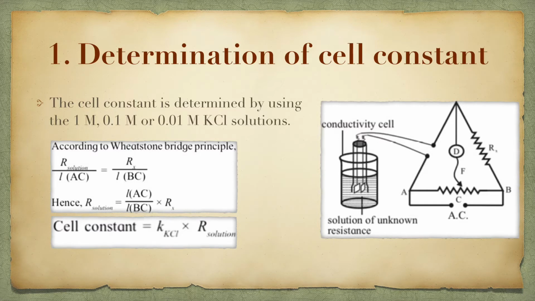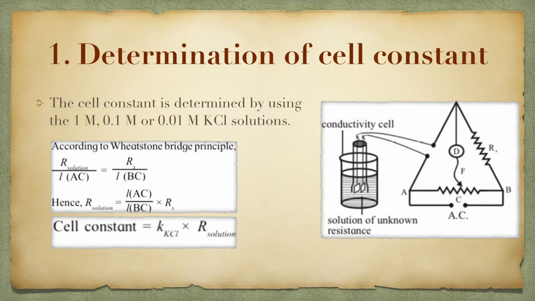Now we know that cell constant is given by conductivity of KCl into R solution. The conductivity of KCl solution we get directly from the tabulated column, and we have already found the resistance of the solution from here. So the cell constant can be determined easily.